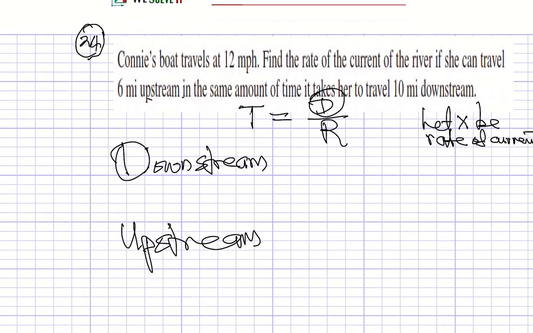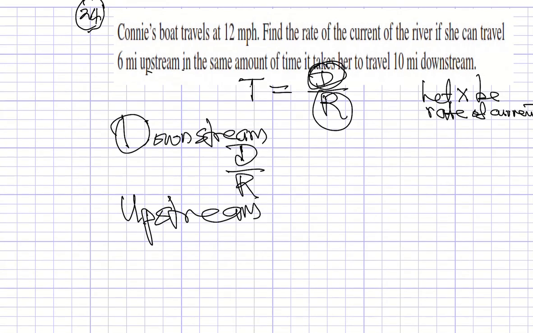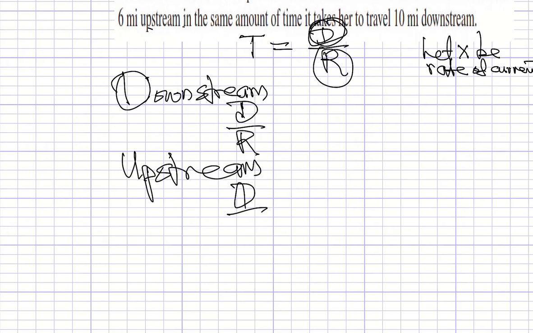Okay, so what is going on downstream? The current, which we're looking for, x, will be helping her. Connie is a woman, so helping her. So we have the rate here. The distance traveled is given. The time is the same. So somehow we're gonna equate this for downstream and this for upstream. So what do we have?